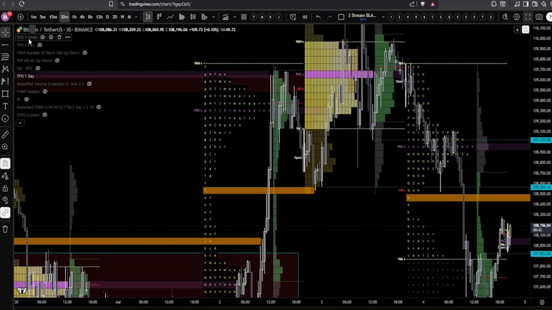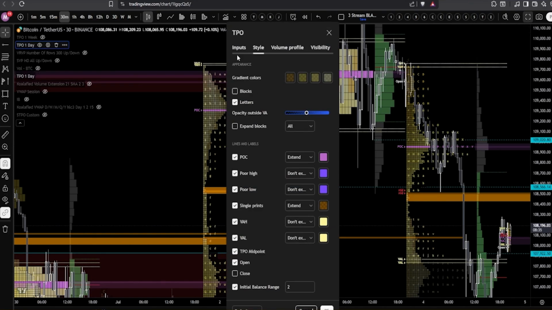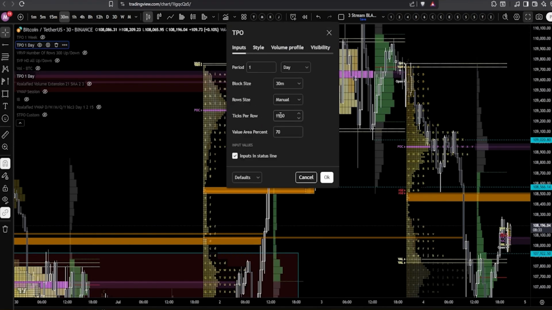So just for the sake of single prints, we'll go up to like $40 rows.